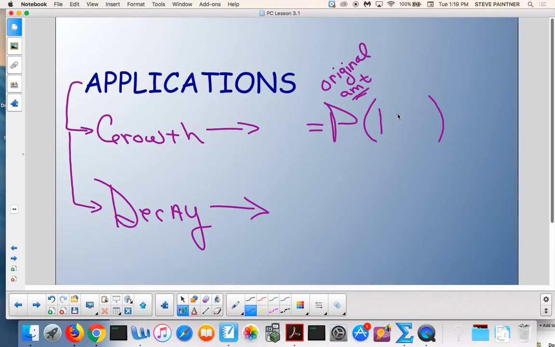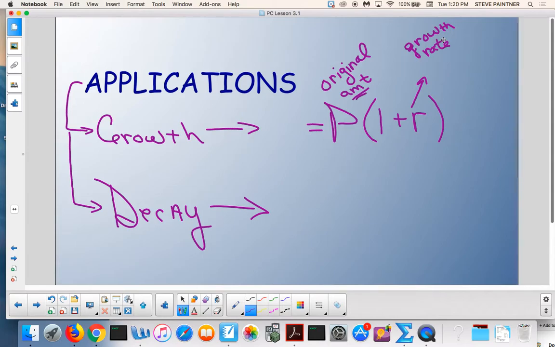So it's 1 plus. Now after the 1 plus comes what? How do things grow? They grow by a rate. Now your rate, that's like a percentage. Is it growing by 3%? Is it growing by 12%? So this is what I call the growth rate. They'll tell you this number. They'll say 5% growth.